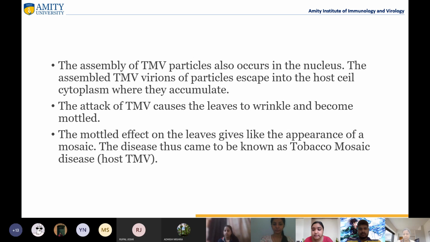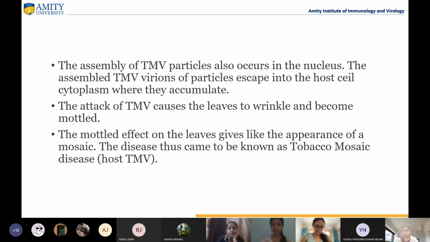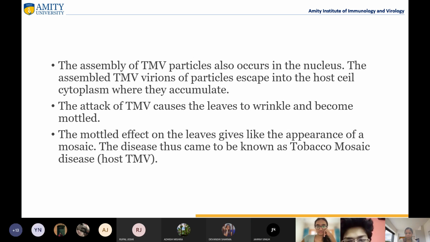Ayushi. Present, ma'am. Sam. Devanshi. Present, ma'am. Ishita. Janvi. Present, ma'am. Kshitij. Present, ma'am. Manaswani. Present, ma'am. Namrata. Present, ma'am. Nandini. Present, ma'am. Nehal. Present, ma'am. Rupal. Present, ma'am.